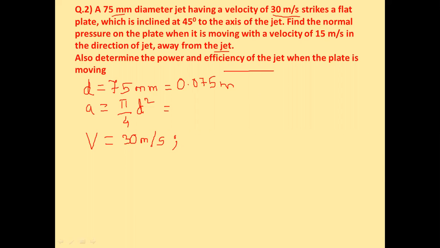It strikes a flat plate which is inclined at 45 degree to the axis of the jet. So this is the flat plate and it is inclined at an angle of 45 degree to the axis of the jet or the direction of the jet. So our theta here is 45 degree.